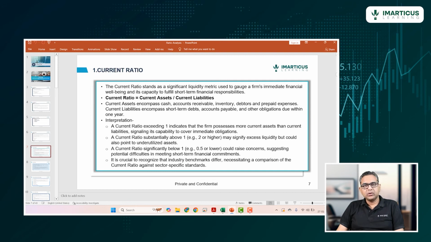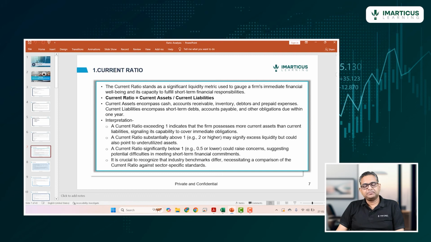So although we want this to be higher so that we can be very sure that current liabilities can easily be covered, if it is too high, if it is 2, 3, 4, that means a lot of our capital is stuck in current assets. Maybe we don't need so much of current assets as we have currently, right?